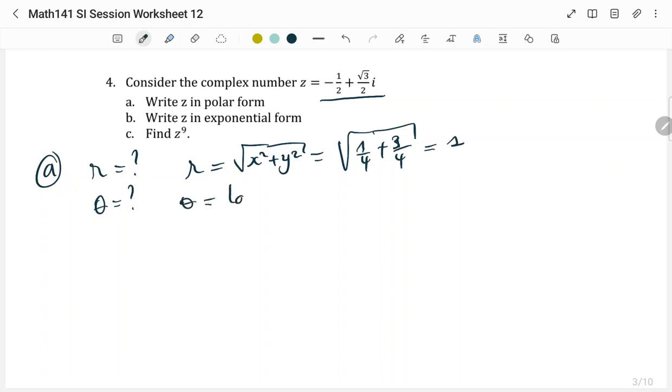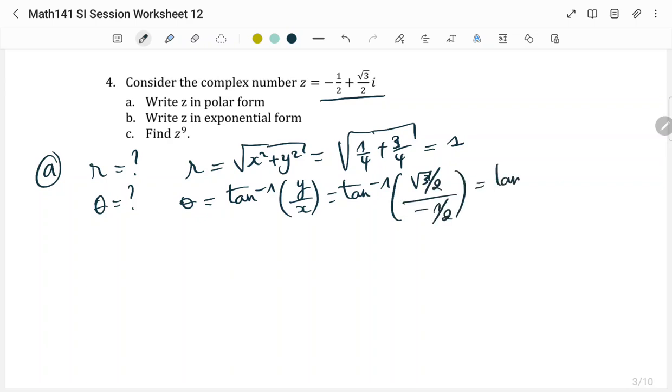Theta is tan inverse of y over x, which is tan inverse of root 3 over 2 divided by negative 1 over 2, and that's just tan inverse of negative root 3.